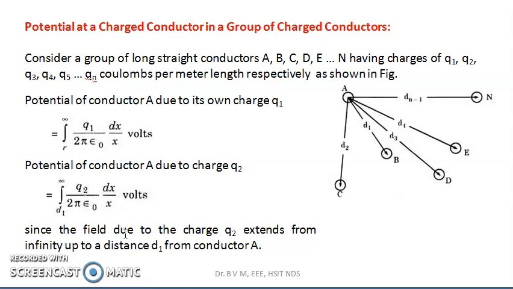Since the field due to charge Q2 extends from infinity up to distance D1 from conductor A, it has been taken from D1 to infinity.